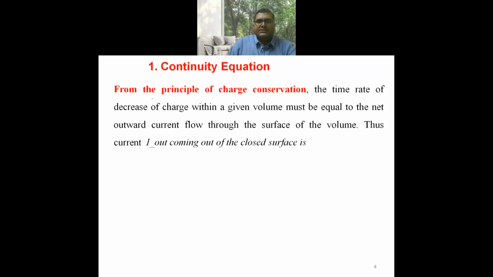From the principle of charge conservation, the time rate of decrease of charge within a given volume must be equal to the net outward current flow through the surface of the volume.